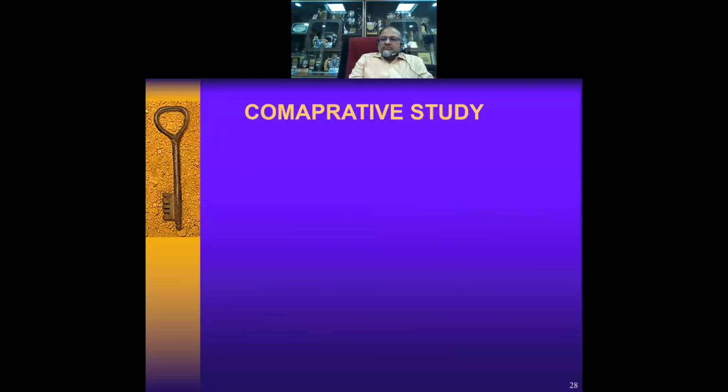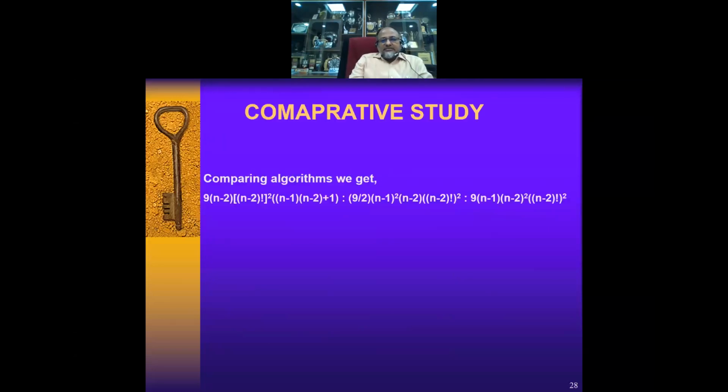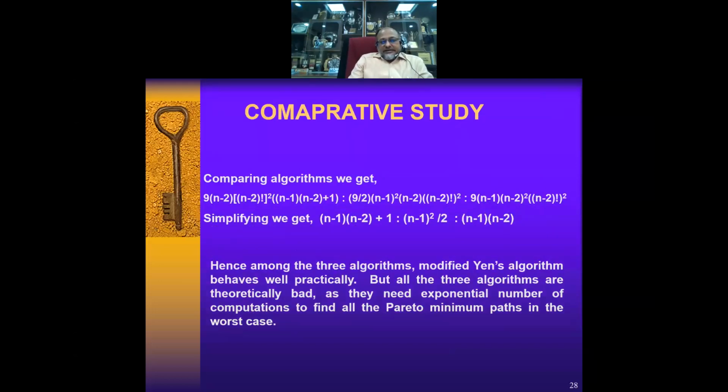So comparing all these algorithms, which is best? Among the three algorithms, the modified Ford's algorithm behaves well practically. You can see the word practically. Theoretically, all three algorithms behave in the worst manner, they are bad, but practically Ford's algorithm is good.